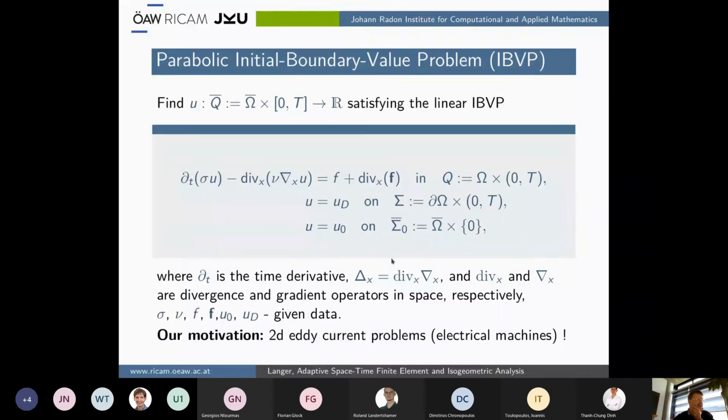Our motivation came from eddy current problems. In 2D, this looks like a heat conduction problem, but on the right-hand side you have an additional term that comes, for instance, from permanent magnets. So f is a vector function. This is the magnetization, and this f is the impressed current.